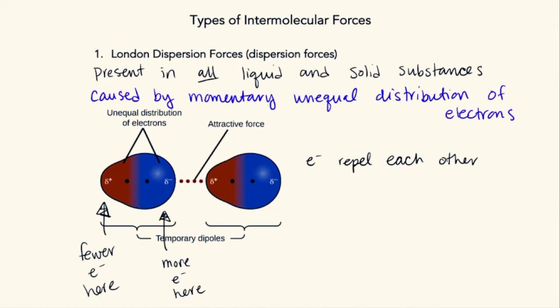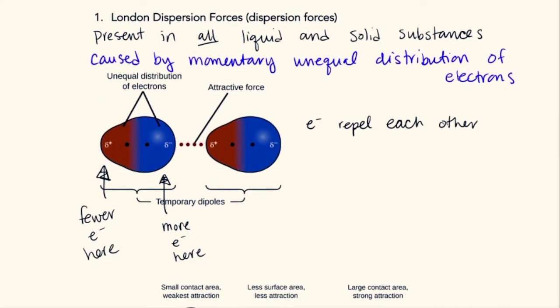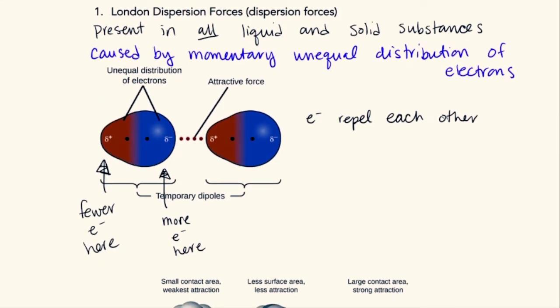These dipoles are caused by random fluctuation and random motion in electrons in the molecule, and they're going to continue to move, and the dipoles will change. But we get this kind of fluctuation. So that's kind of the basics of the London dispersion force. They're temporary forces.